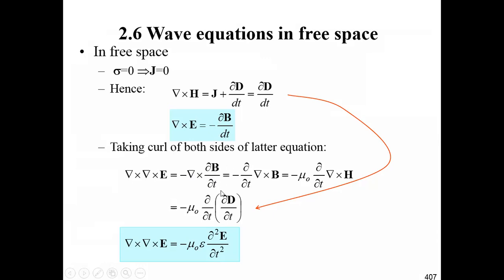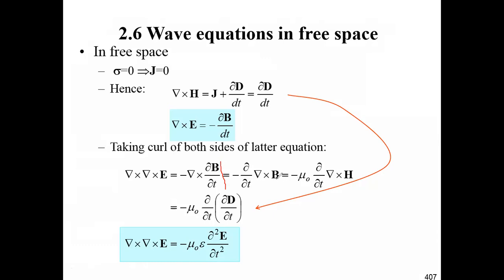See, this derivation is very important. That's why I am discussing it. It takes time, but it is important. We will reach a very nice, meaningful result. Up till here it is clear? Yes, sir. No doubt. Very simple. B can be written as mu naught times H. Yes or no? Yes.